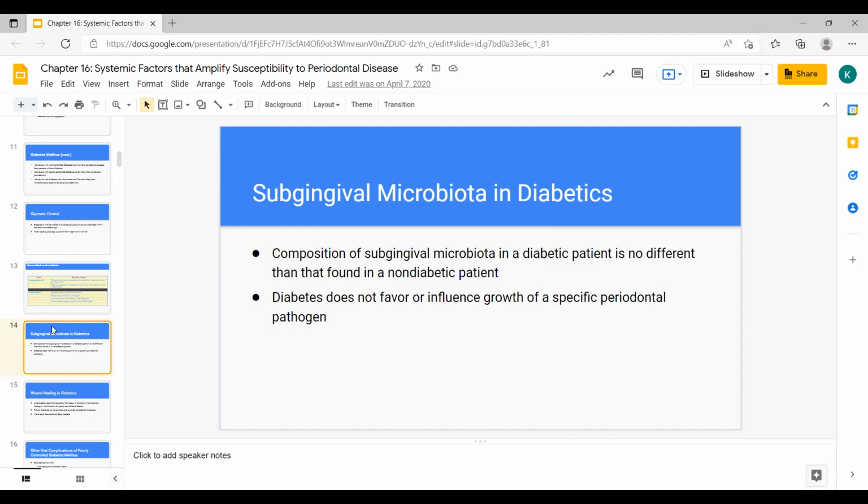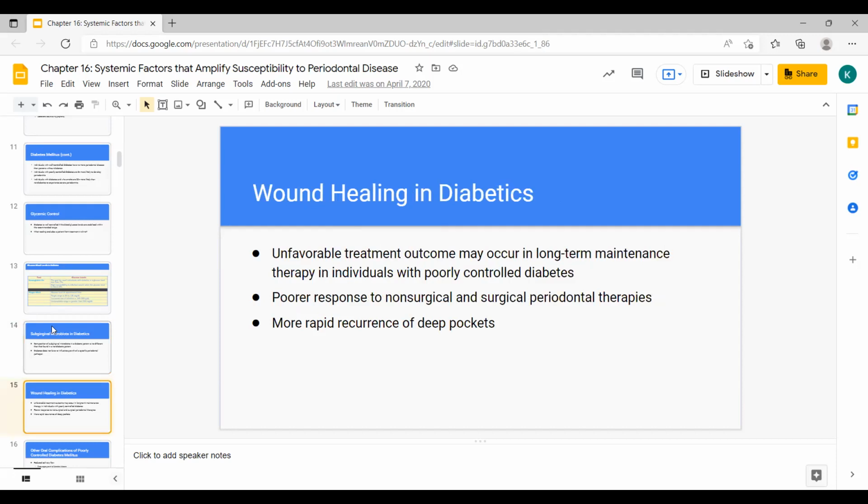It doesn't increase a certain bacteria or promote the growth of that bacteria. Okay. What's more happening is we have poor healing in diabetes. So unfavorable treatment outcomes may occur in long-term maintenance therapy in individuals, especially with poorly controlled diabetes: poorer response to non-surgical and surgical periodontal therapies, and more rapid recurrence of deep pockets.